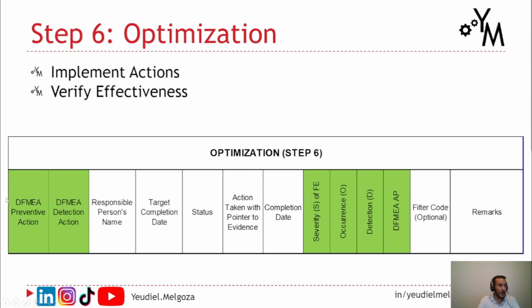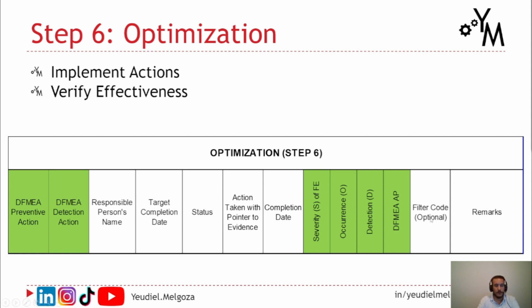Once we have implemented the actions, we are going to assess again the scores for severity, occurrence, and detection. Based on this SOD, we are going to have a new action priority, that is basically the same as the previous step.